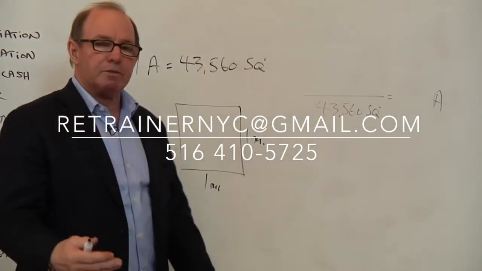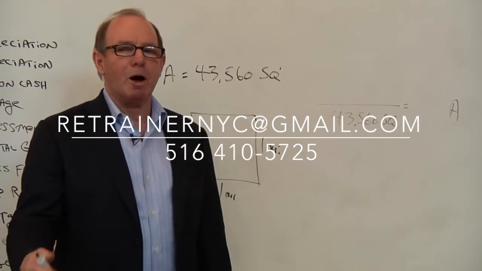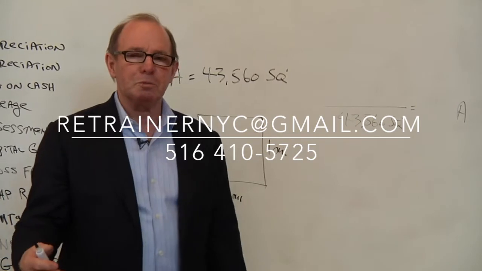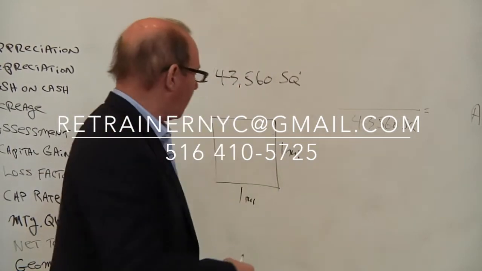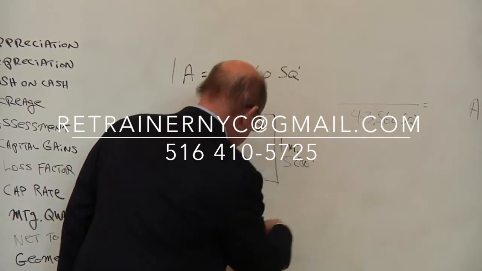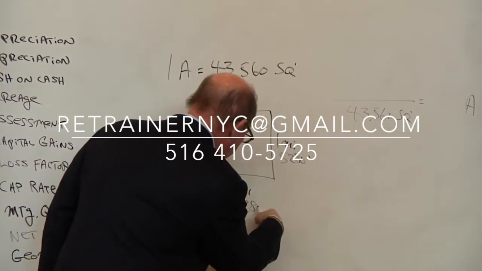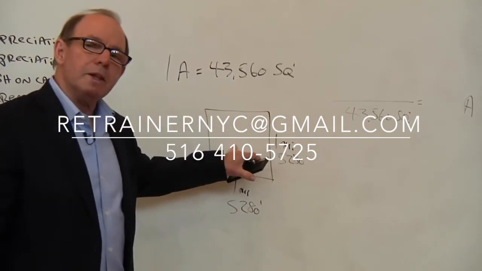So let's see, I'm taking you back to 3rd grade here. How many linear feet are there in a mile? And it always amazes me how few people remember. There are 5,280 linear feet in a mile. So 5,280 feet times 5,280 feet, that'll give me the number of square feet in a square mile.